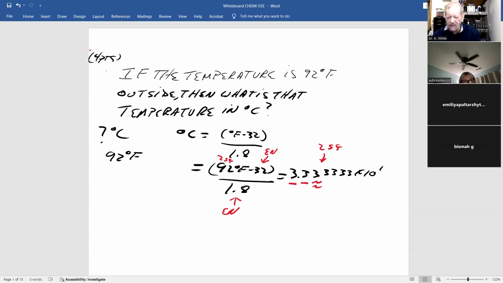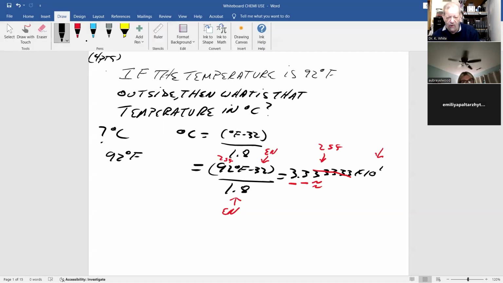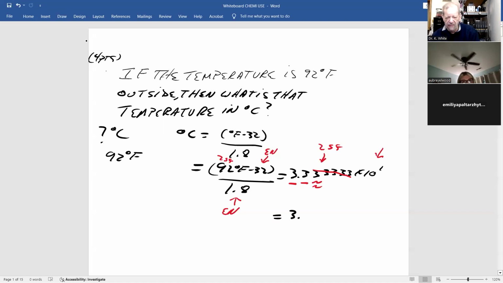But in this case, we'll drop all this. You never change the exponent. So the correct answer here would be 3.3 times 10 to the first degrees C, or 33 degrees C. You could have also written it like this.